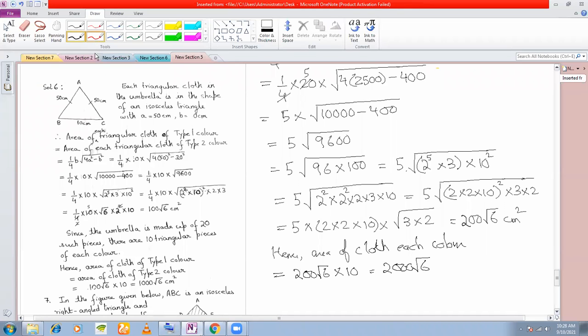I don't know whether I have made some mistake here. 2 into 10. Yes, there's a calculation mistake here. This should be 200 root 6. Okay, fine.